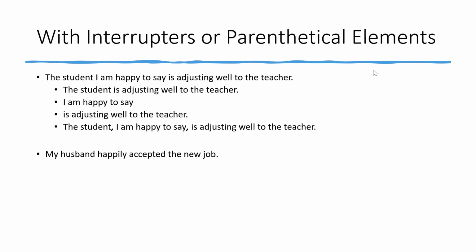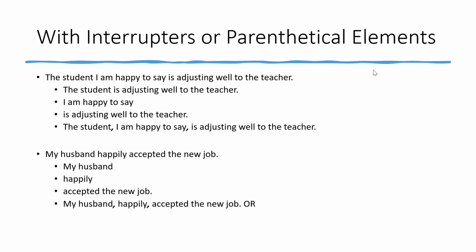However, if I want to indicate to you that I, as the author, am the one who is happy, I would change the tone by adding commas. My husband, inside of commas, happily accepted the new job. By doing so, I am giving you my thoughts on him accepting the job. So both versions in this case are correct. It just depends on the emphasis.